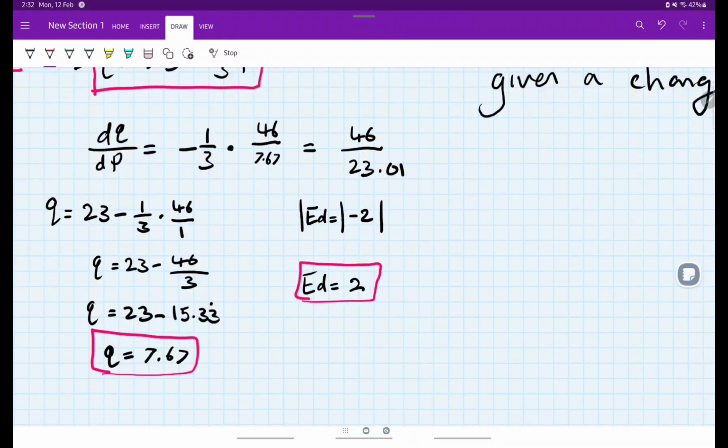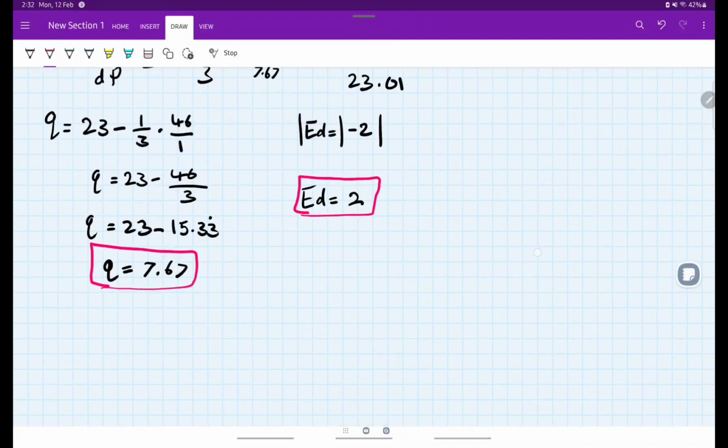So the elasticity of demand is equal to 2, which means that you have an elastic product, and it has substitutes.